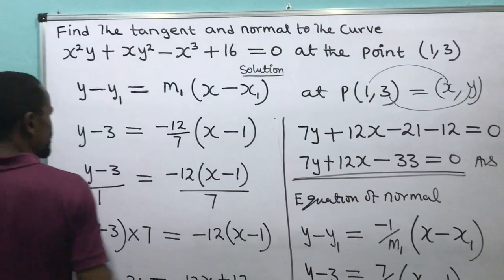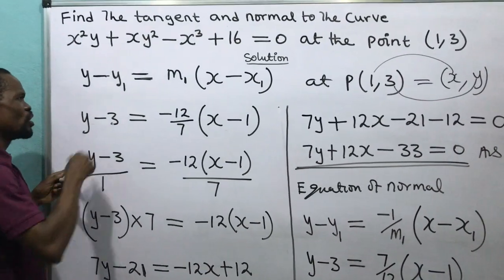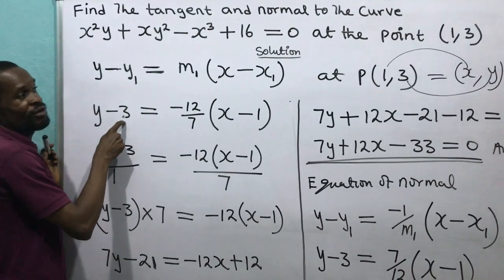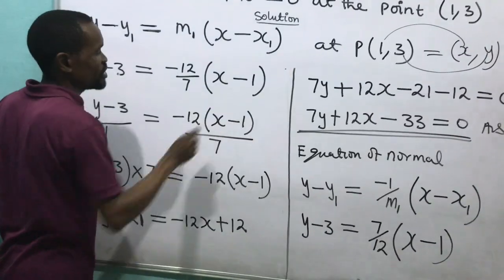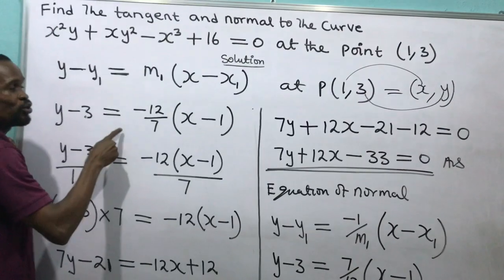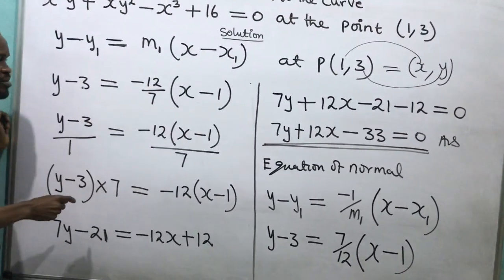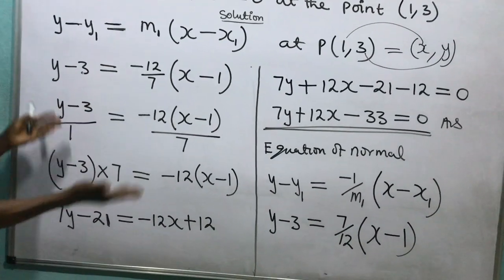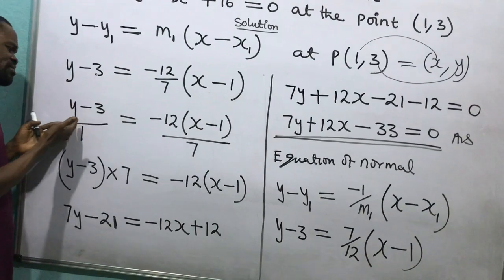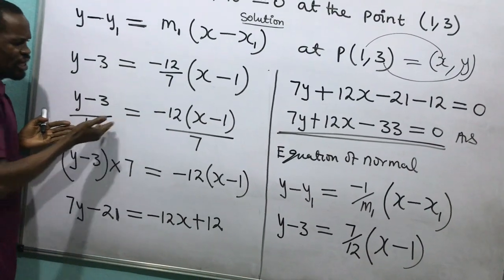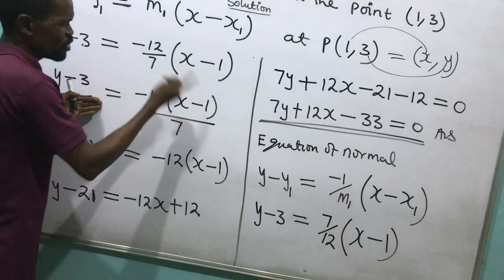Then now coming over here, I'm going to substitute my y1, which will be 3, and my x1 should be 1, which they give me here. The slope which we have gotten is minus 12 over 7. Then I'm going to do arithmetic. y minus 3 is the same as y minus 3 over 1 equals minus 12 into x minus 1 over 7.